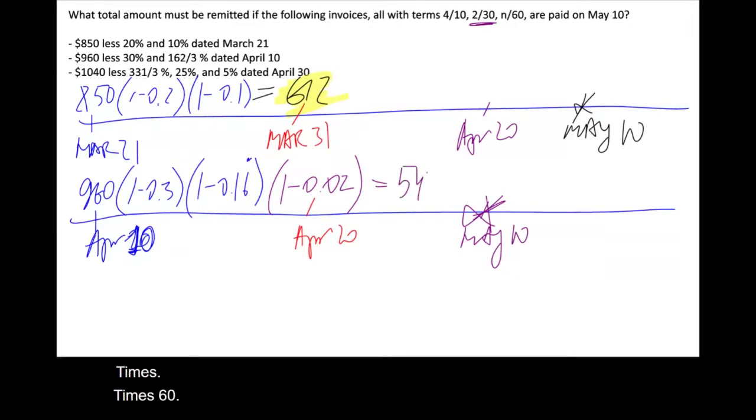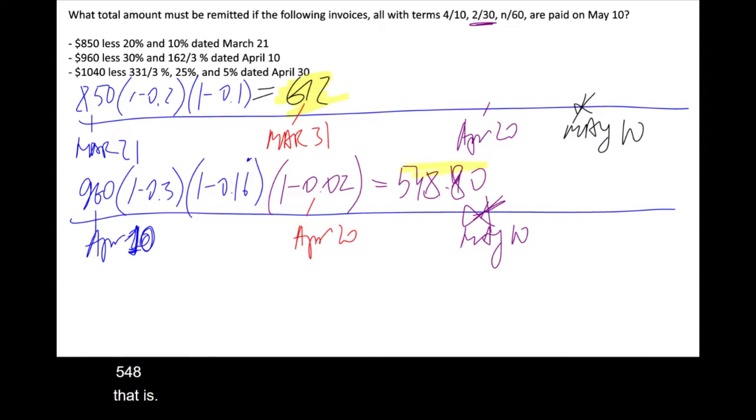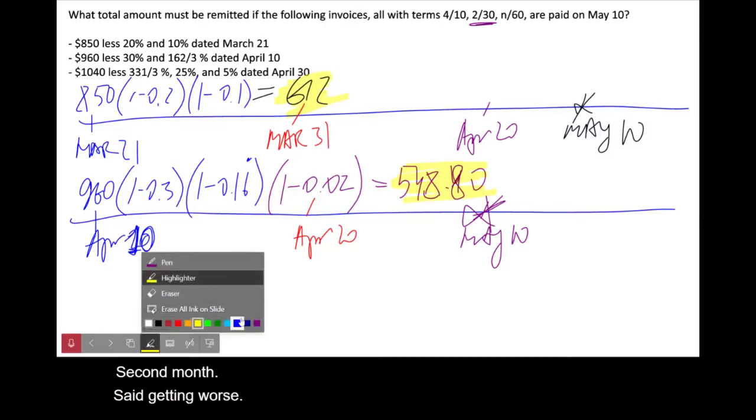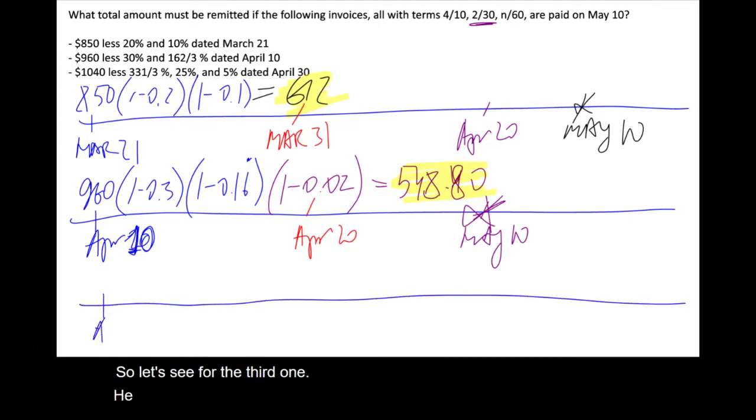So 548.80. That is the second invoice. So let's see the third one, April 30th.